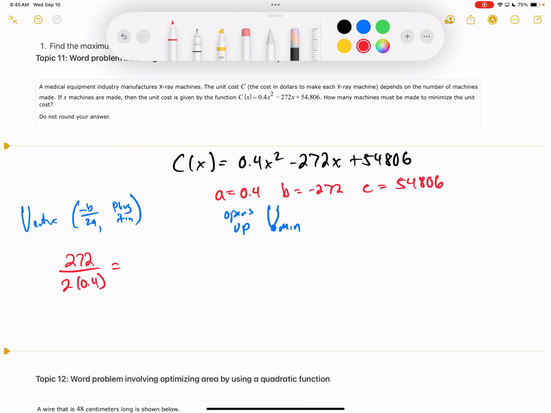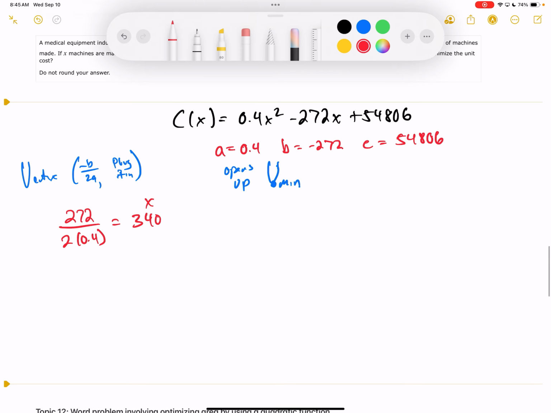I'm going to need a calculator for this. 272 divided by 0.8 is 340. That is my x value. Okay, and now we are going to plug x equals 340 in. So I have C of 340, 0.4 times 340 squared.